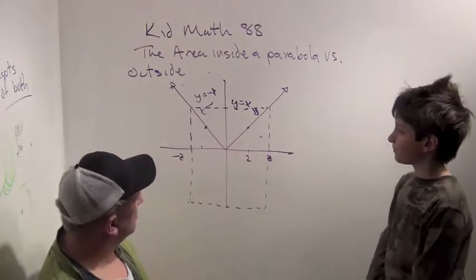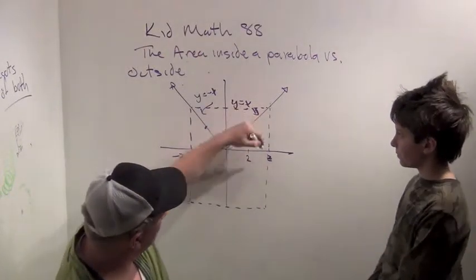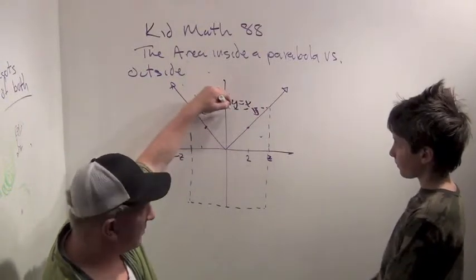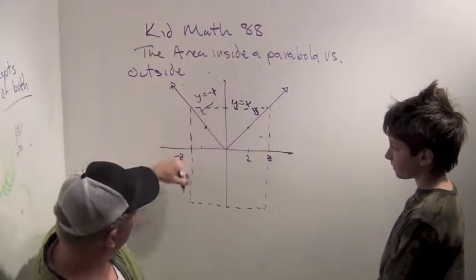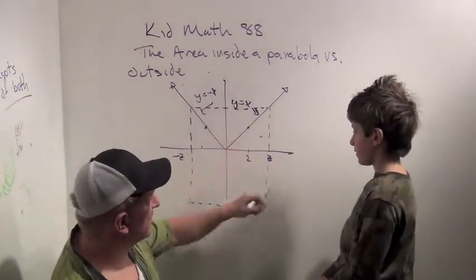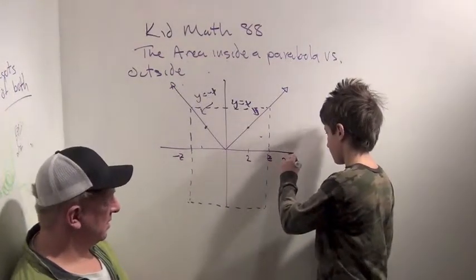And I'm going to make this square. If I'm at z on the x-axis, I go z high, z over, z down, z down. So I got a big square whose side length is what? 2z.